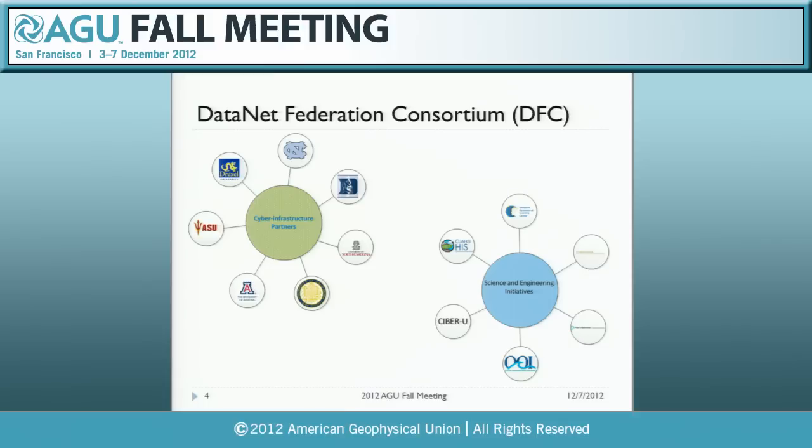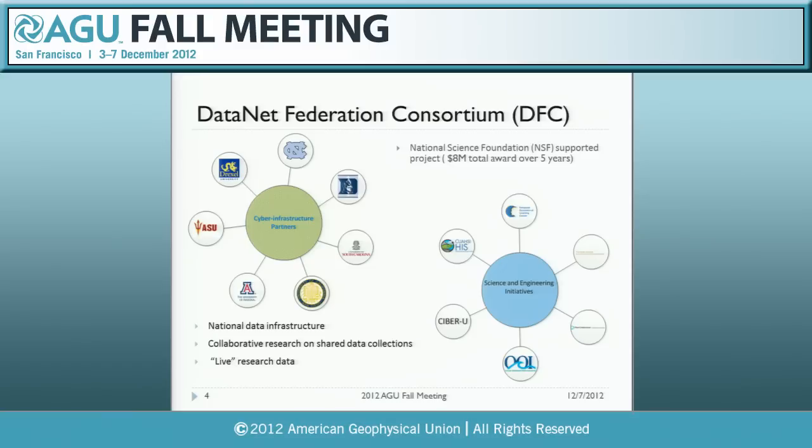So the DataNet Federation Consortium, DFC, is a project supported by NSF, where a number of cyberinfrastructure partners and science and engineering initiatives are brought under one umbrella to develop national data infrastructure. These partners and initiatives are enabled to do collaborative research on shared data collections by integrating live data resources from the various partners.